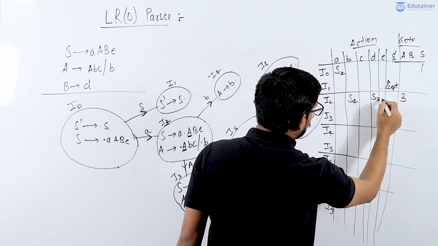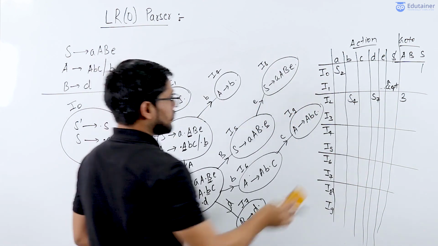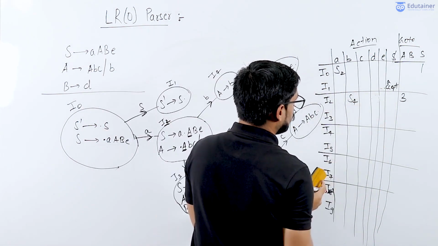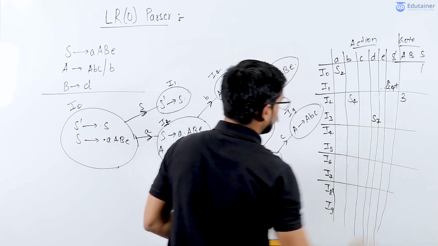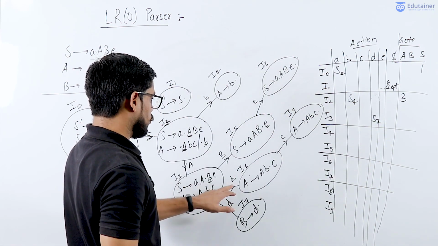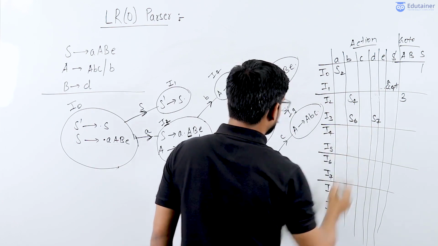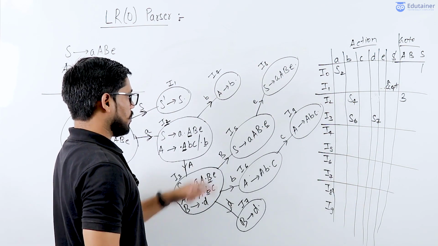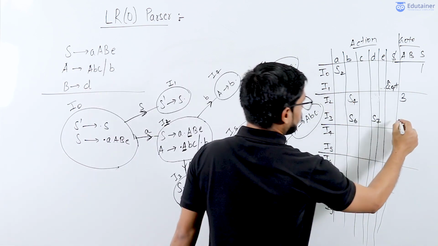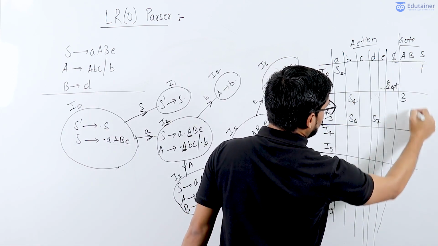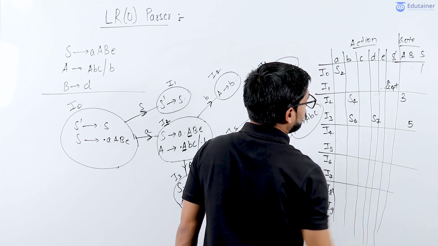On small d it is shift 7, S7, and small b it is I6, which means shift 6, S6, and on capital B it is I5, so capital B it is 5.